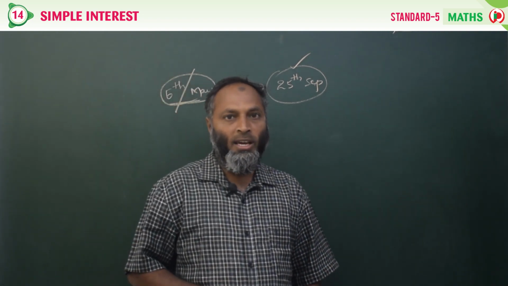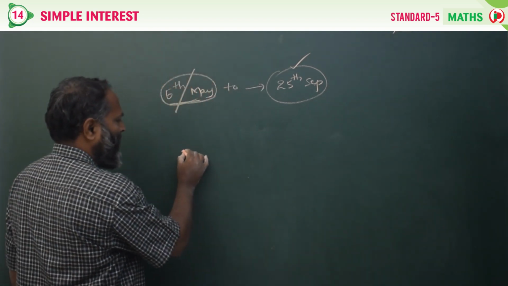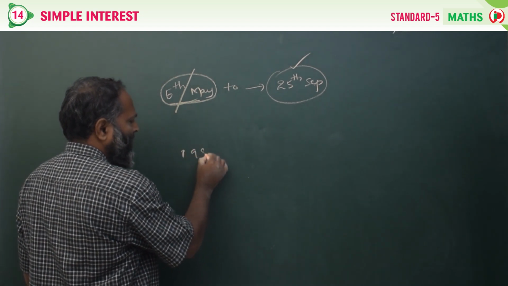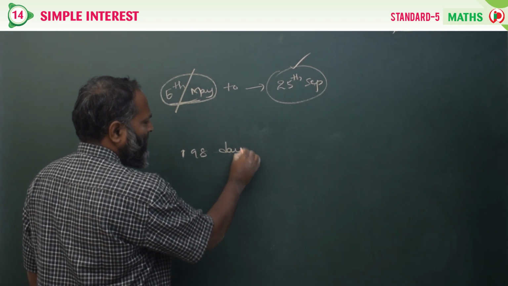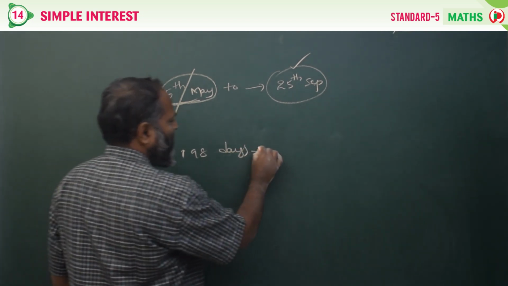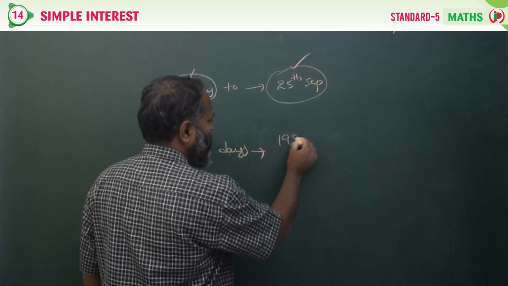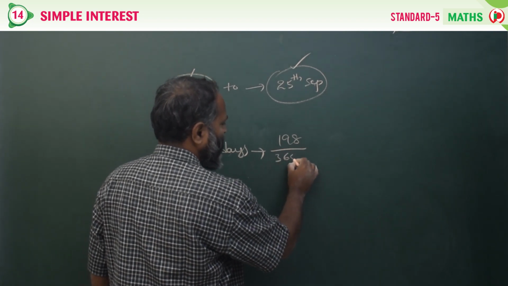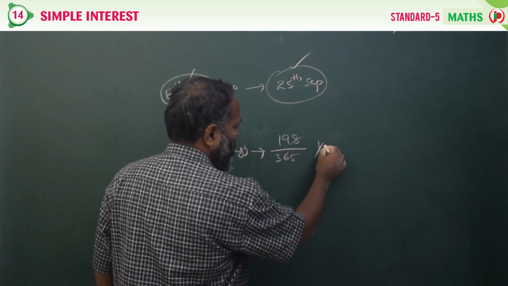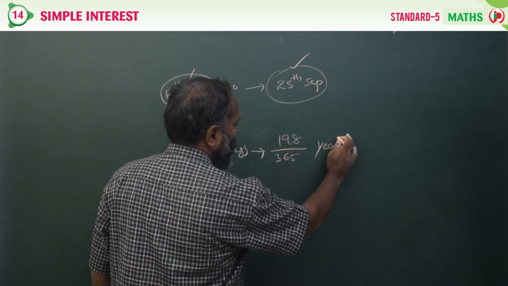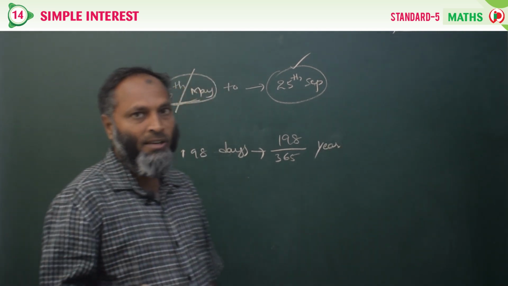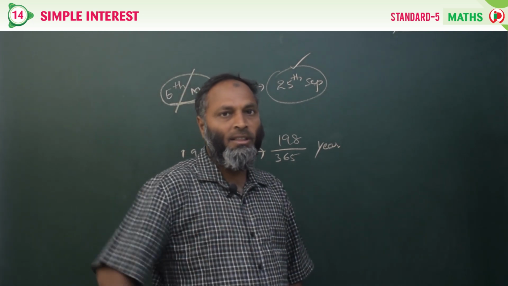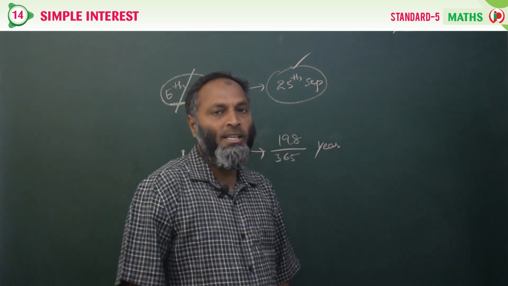Suppose 198 days are given, how to convert into years? 198 by 365, now this is converted into years. Whatever days are given, we should divide by 365.